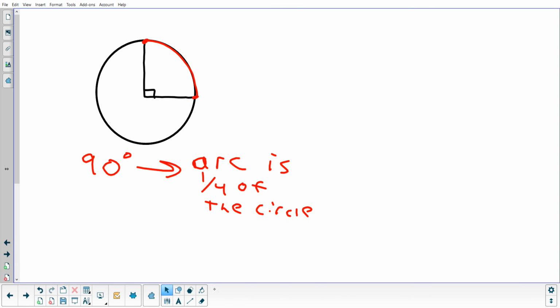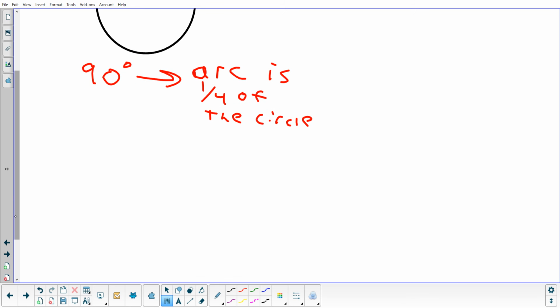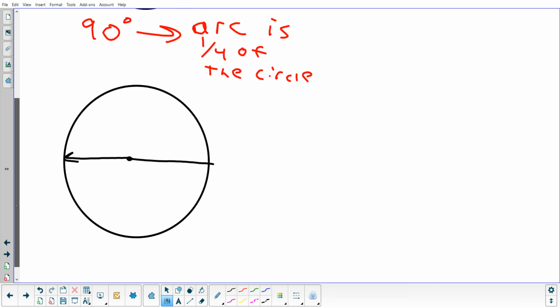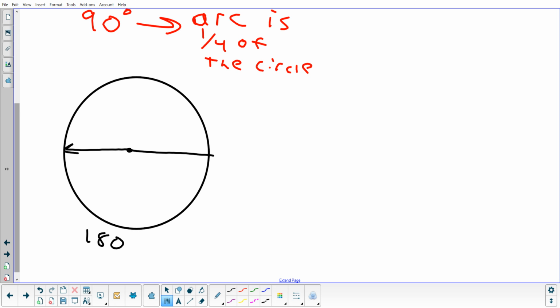All right. Let's try another one. Let's this time double the size of the angle. Draw another circle. And here is an angle that's 180 degrees. If I double the size of the angle, I get 180. How much of the circle does the arc take up now?